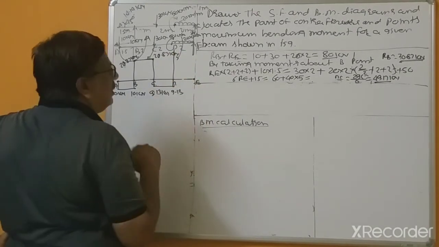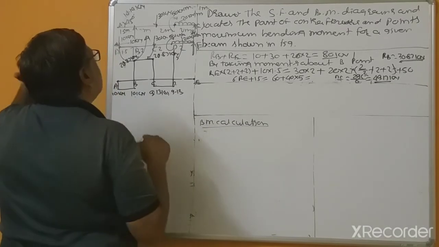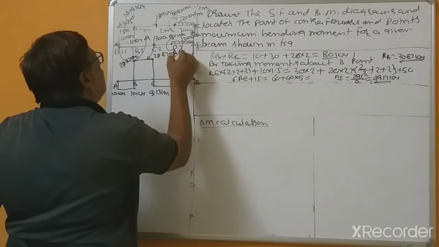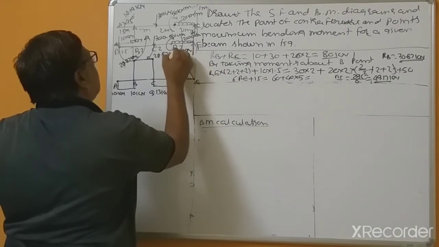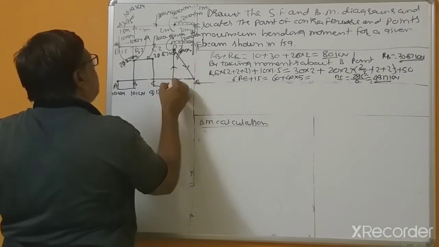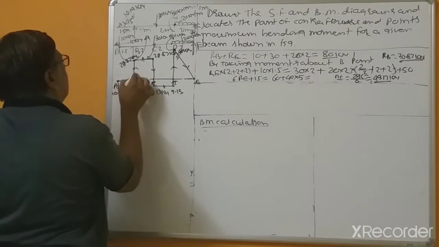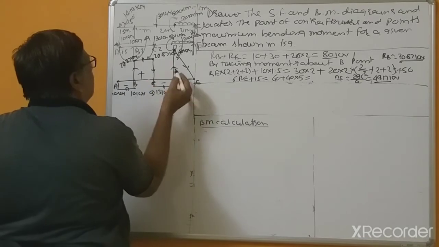This is 40, and after that this is 40 kilonewton. This is your shear force diagram. Positive, negative, positive.